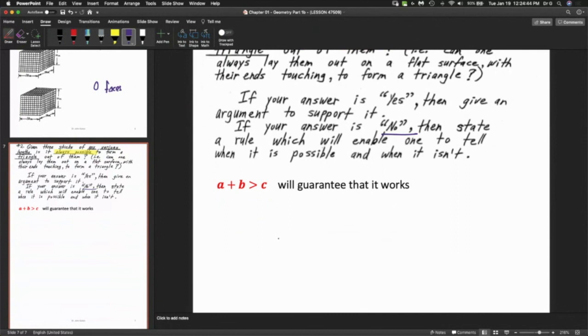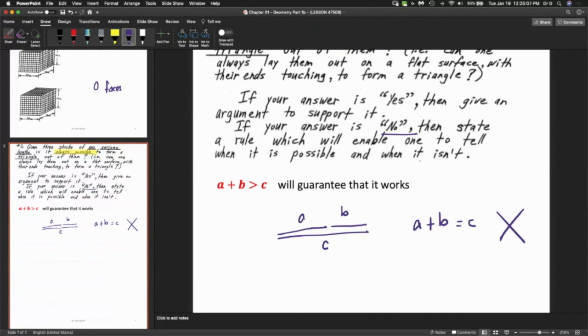Here's the first stick, and then there's the other 2 sticks, like that. See, if you have A, B, C, and this is A plus B equals C, it doesn't work. Or you're doing the C squared.